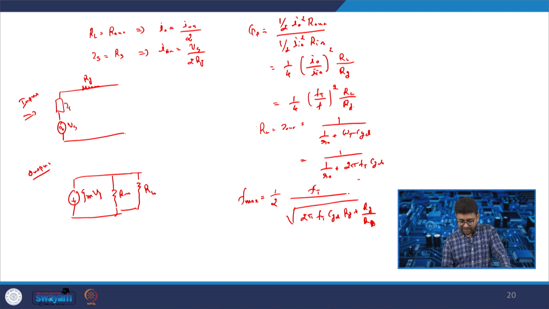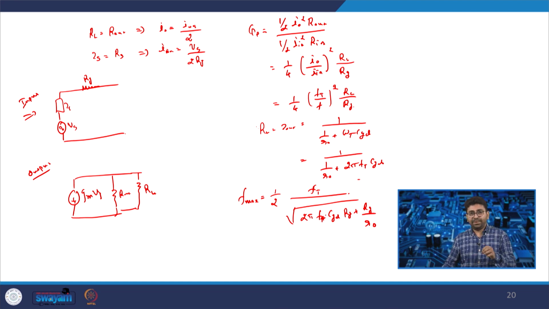So, Rg is multiplied and then this is Rg by Ro. So, this is the fmax equation, which also depends upon the Ft of the transistor.